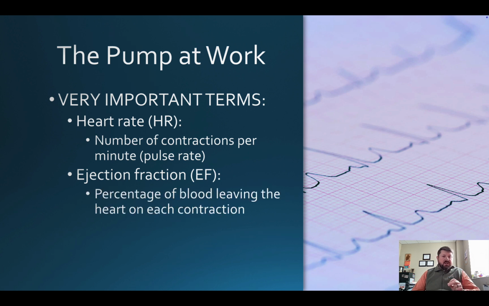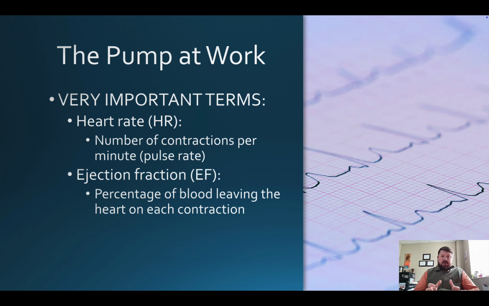Ejection fraction is the percentage of blood leaving the heart on each contraction. So essentially, ejection fraction and stroke volume are not measuring different amounts of blood, they're just measuring in different units. Stroke volume is measuring in volume, whereas ejection fraction is measuring in percentage.